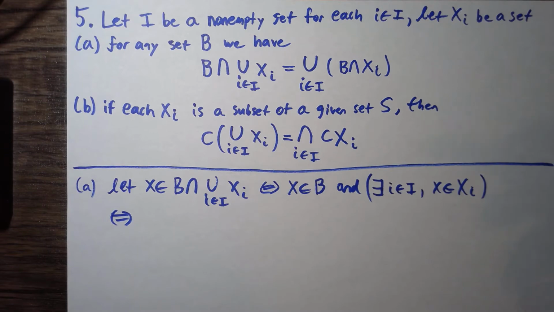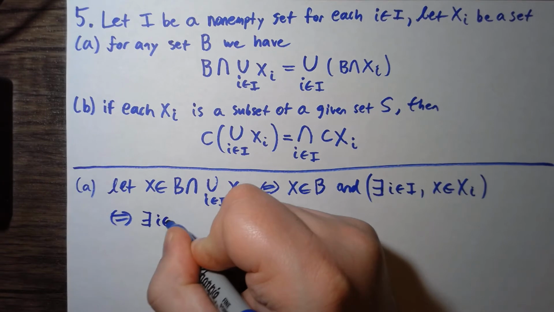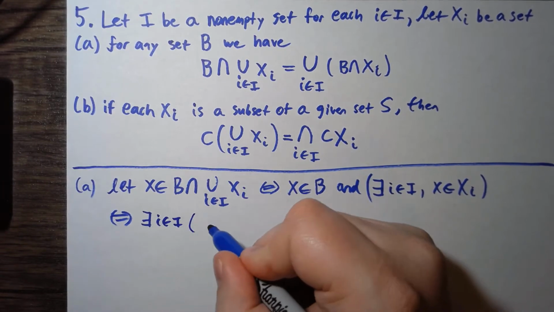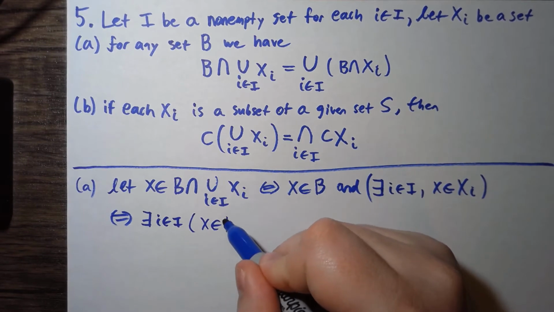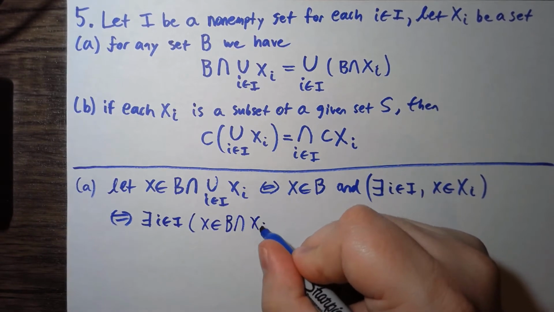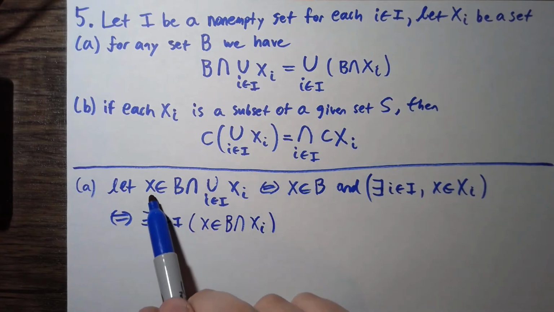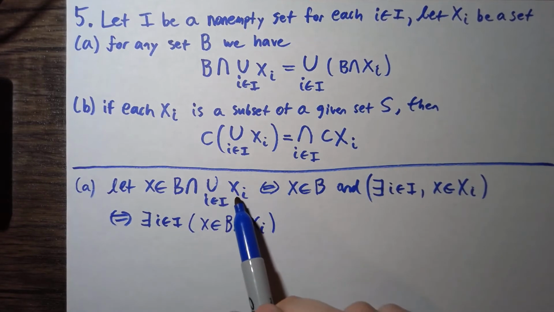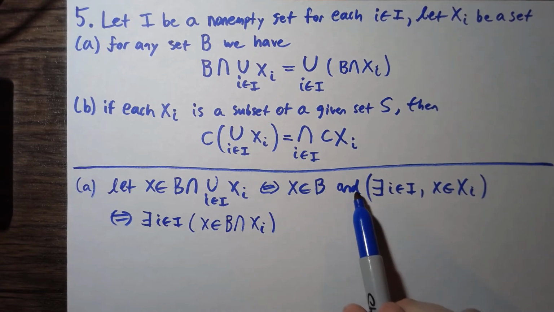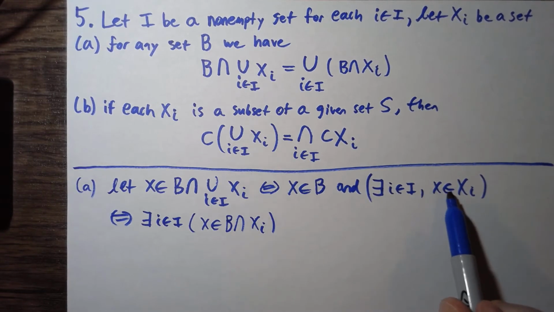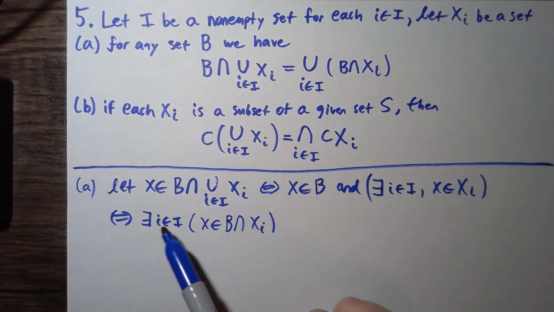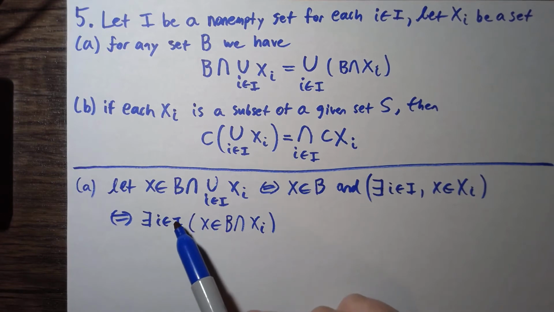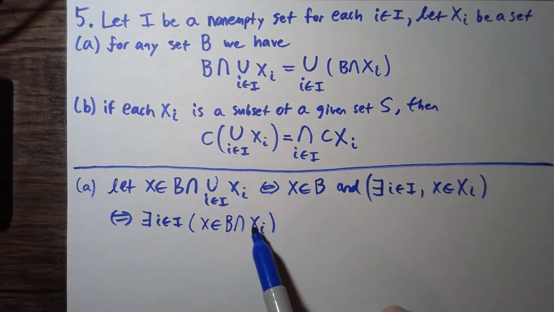So this is true if and only if there exists some i in I where x is in B intersect x sub i. So if x is in B intersect this union, that means x is in B and there's some i for which x is in this x sub i. So that's true if and only if there's some i where x is in B intersect x sub i.